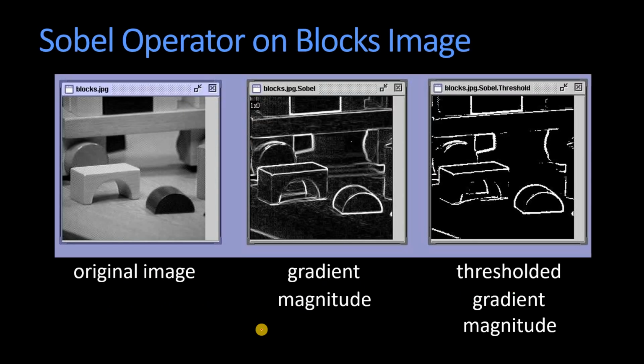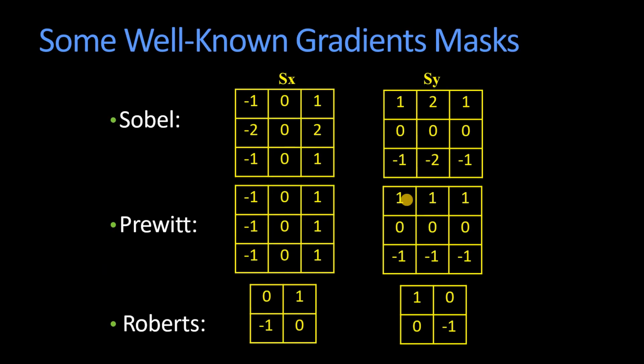You have an original image, and then you have the gradient magnitude and the gradient thresholded magnitude. Thresholding we haven't studied, and it's not so important. I think we will skip it. Here you see the example.